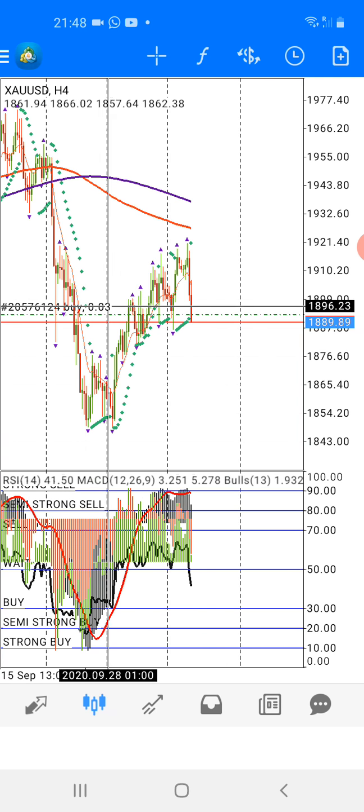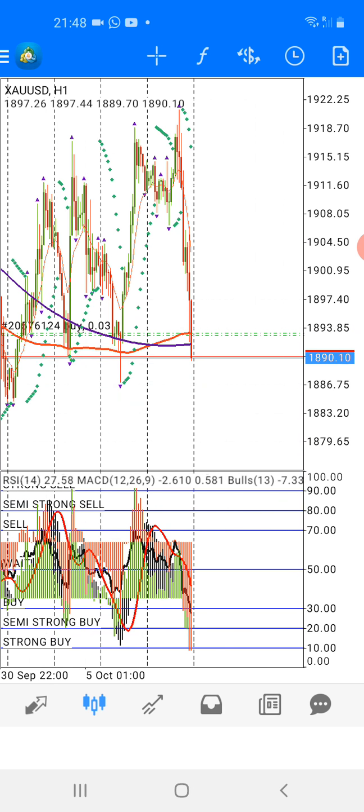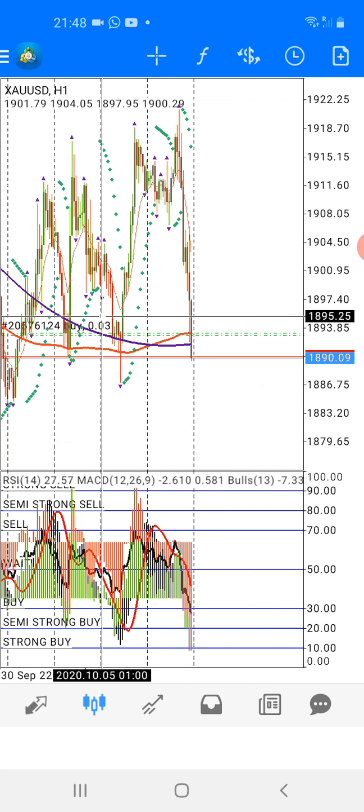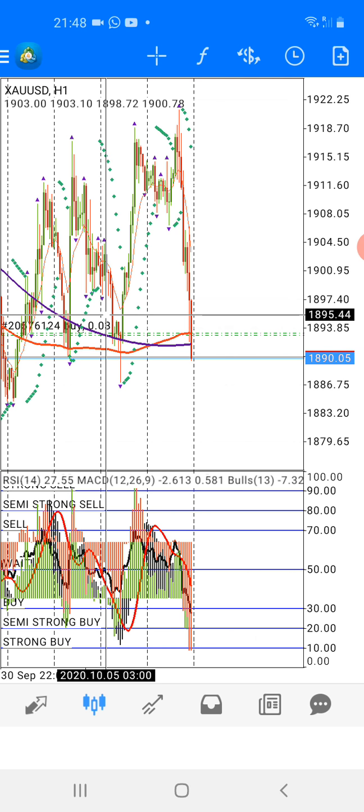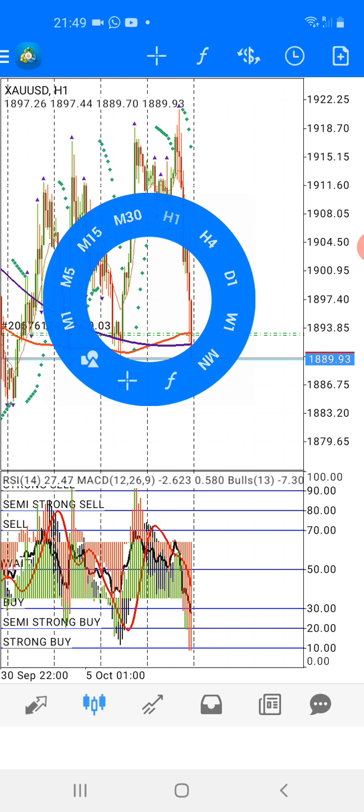But in the case of the 1 hour chart, it is where the market closes and opens the next day. So that's how it works in the 1 hour chart.